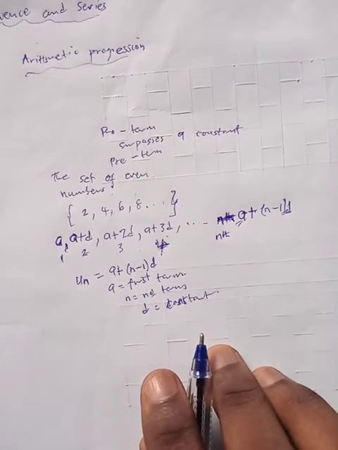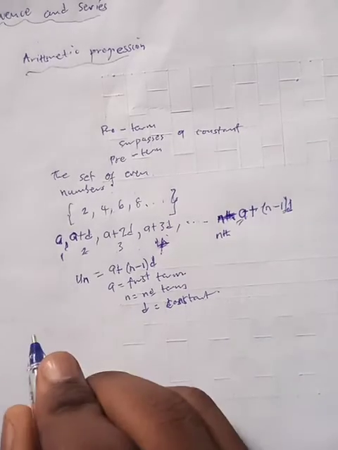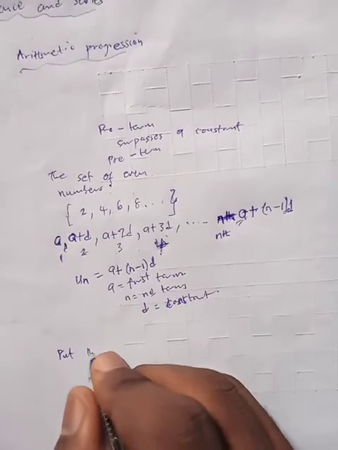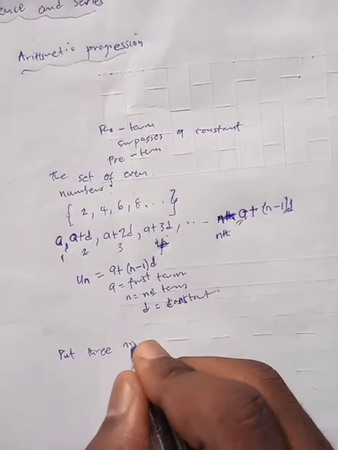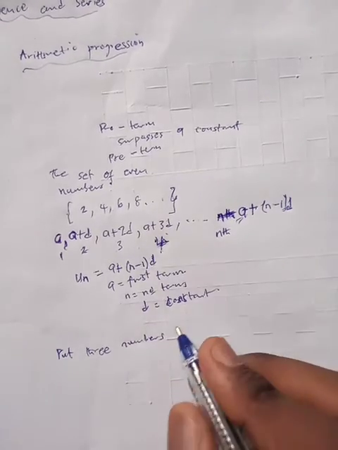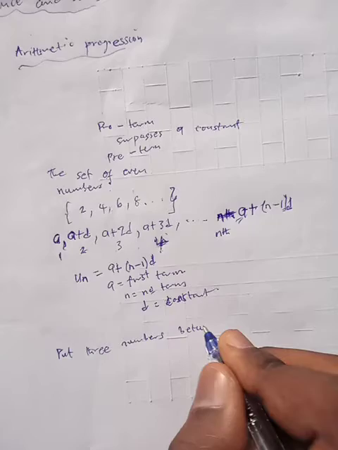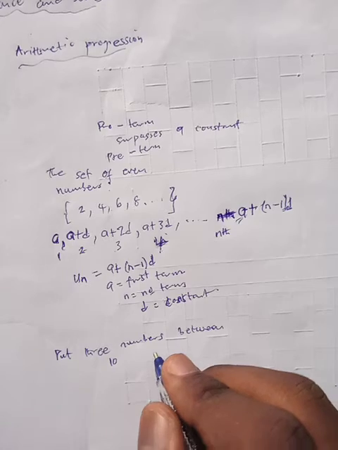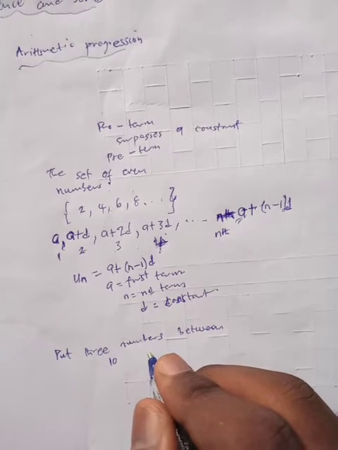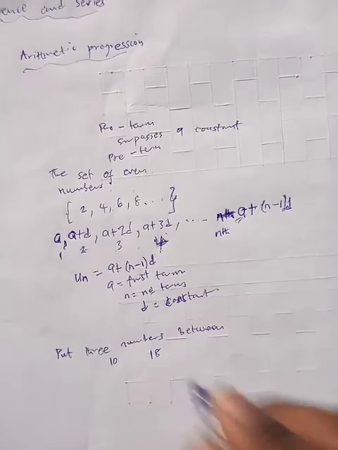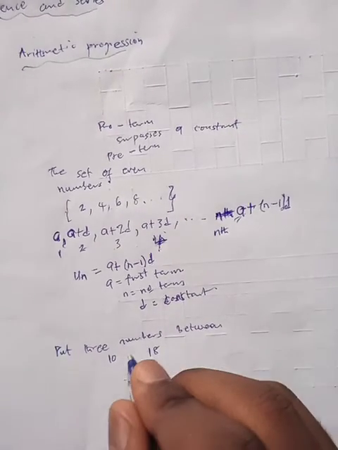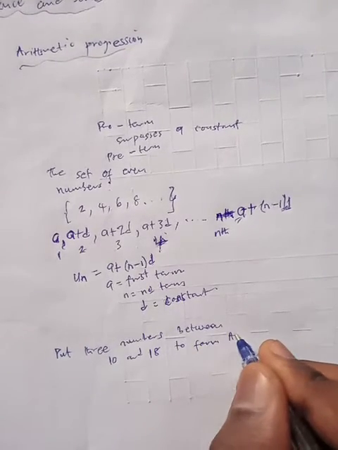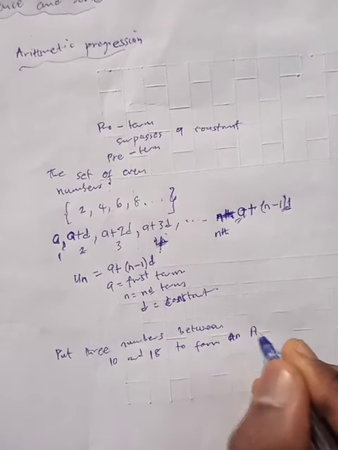So they can tell you: put three numbers between 10 and 18 to form an AP.